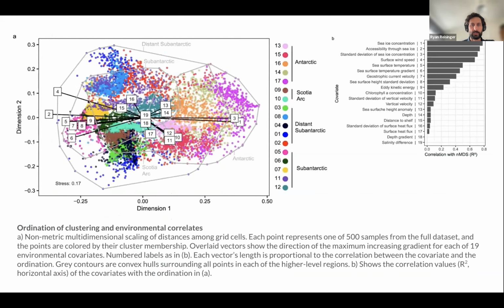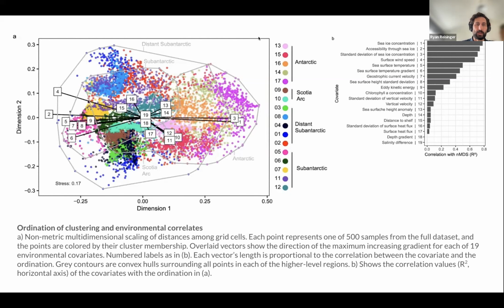In the paper, there are some different representations of the environmental covariates, but here I'm just presenting a non-metric multi-dimensional scaling of the cluster space. What we do is essentially reduce the dimensionality and map the clusters onto 2 dimensions, which is shown in this panel.